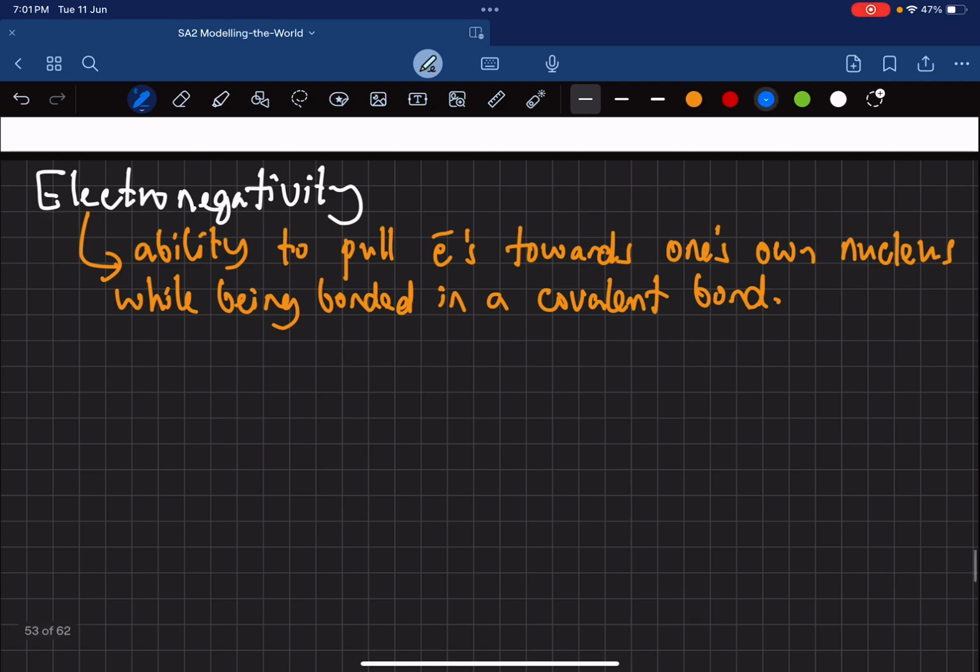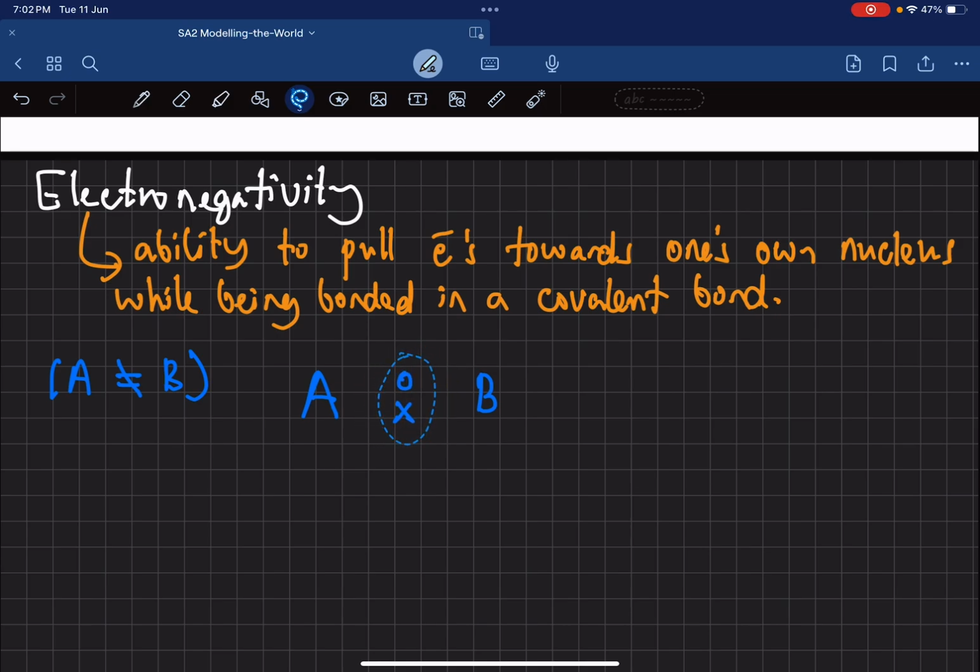For example, let's say we have A and we have B. Let's say this is the electron of A and this is the electron of B. They are supposed to be sharing these electrons. Since A is not the same as B, they're different, so the shared electrons will be closer towards one of the atoms.